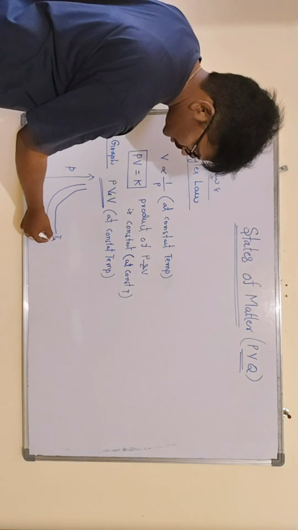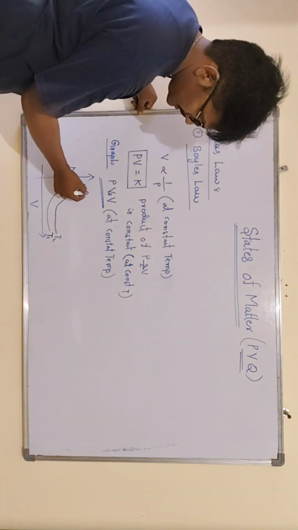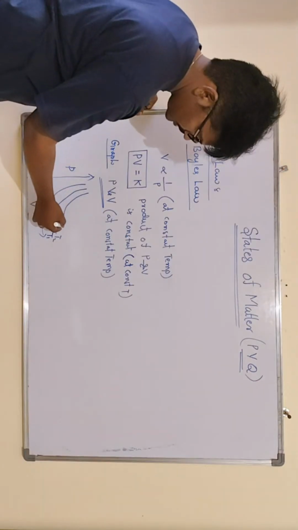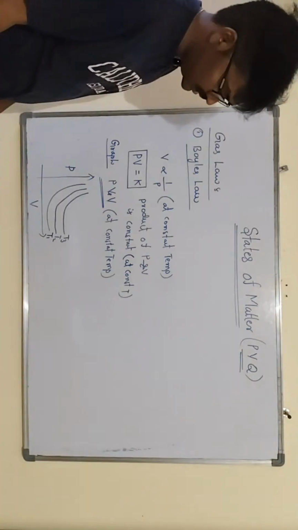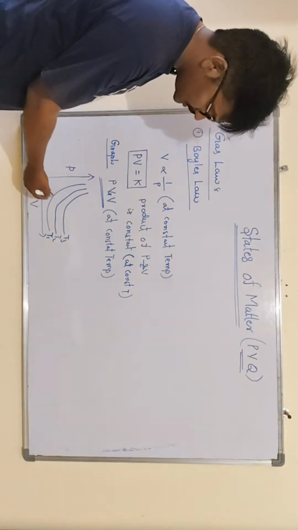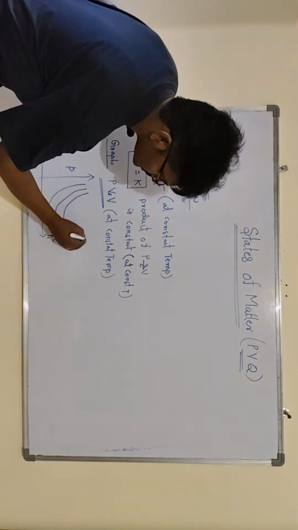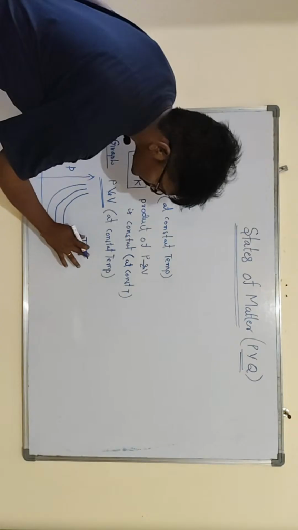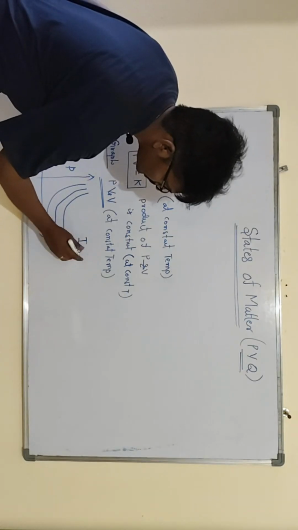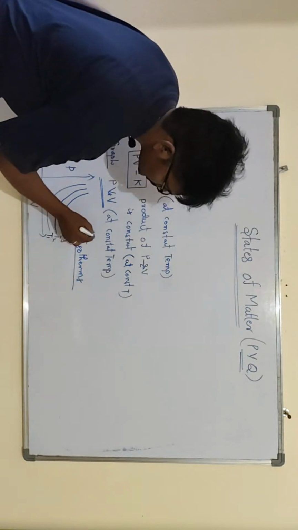Then for T3, another curve. These curves we call isotherms. Iso is nothing but constant or same, therm is temperature.